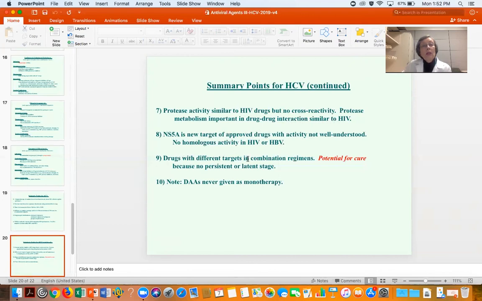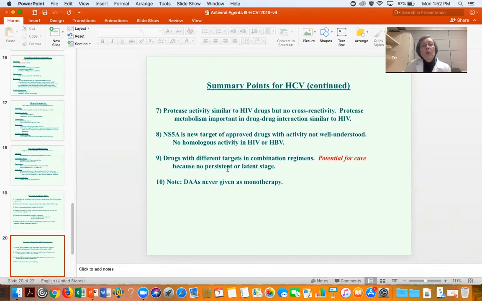Drugs with different targets and combination regimens are now available. So this allows us the potential for cure of HCV infection, even though we can have huge copy numbers in the blood. We have patients with 8 to 10 million copies of HCV walking around. So hopefully we're going to be able to cure that.